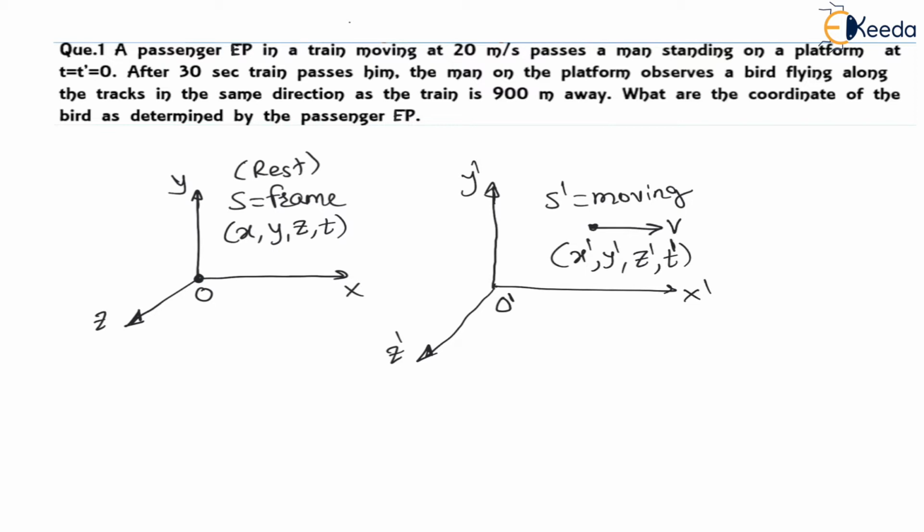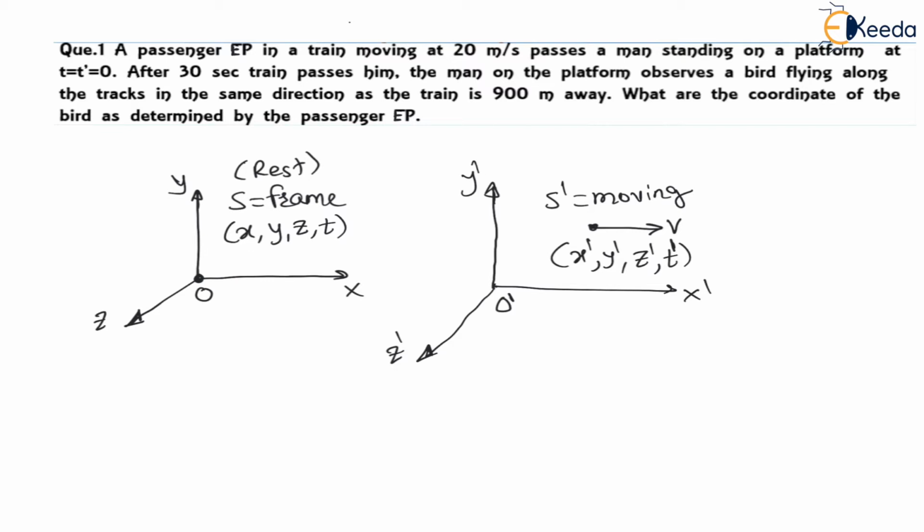But my dear students, we have a relation between x dash, y dash, z dash, t dash and x, y, z, t. These four relations are called the Galilean transformation equations. The x dash, y dash, z dash, t dash are the coordinates seen by the observer in the moving frame of reference, and x, y, z, t are the coordinates seen by the observer in the rest frame.